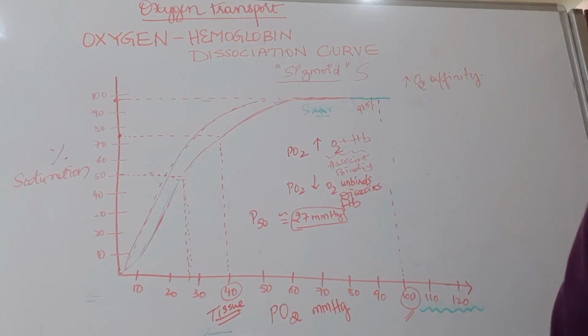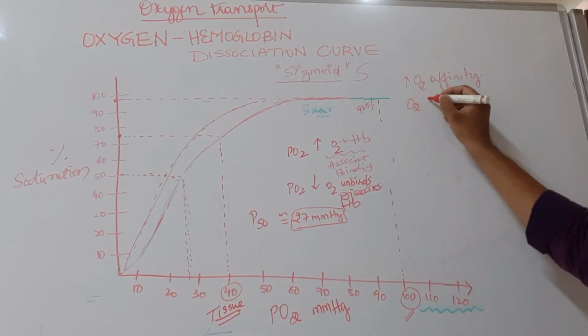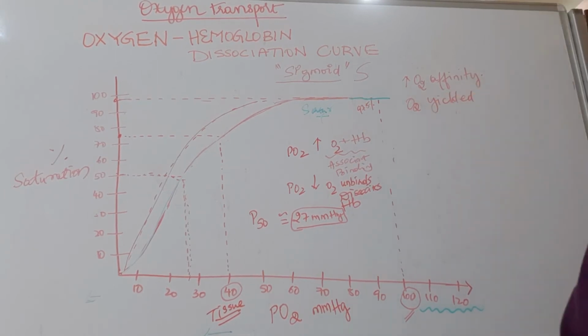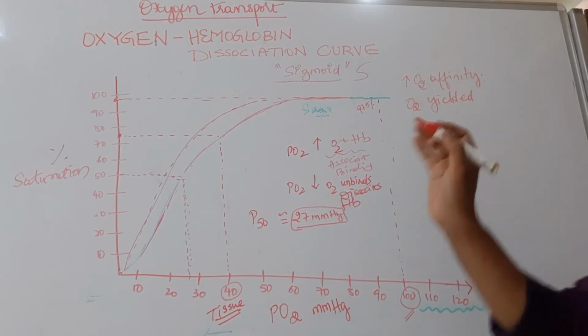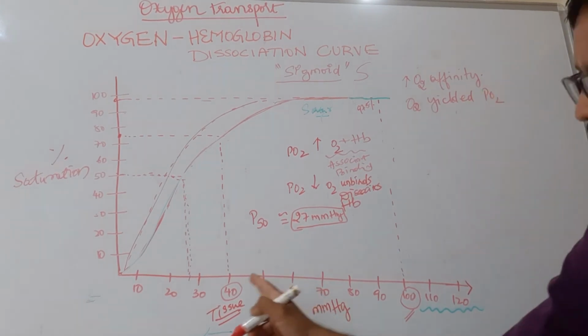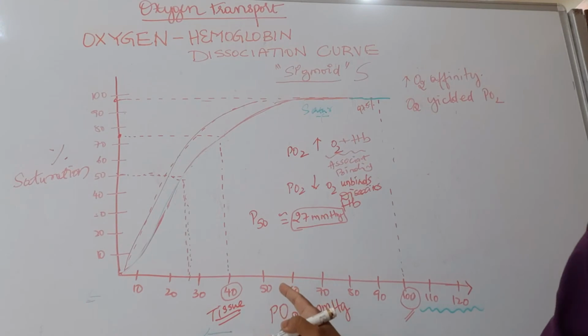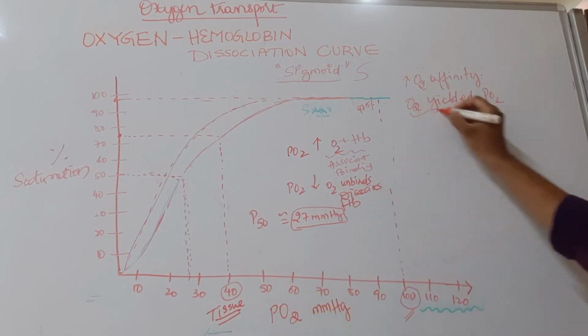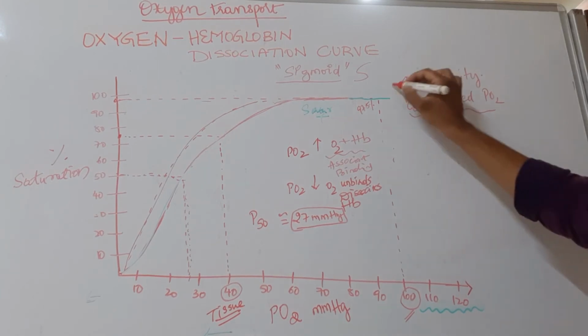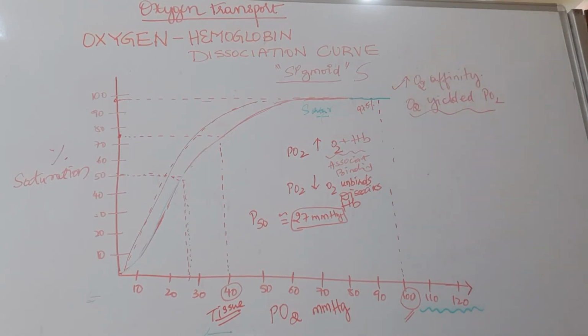That is, less oxygen is yielded for each reduction in partial pressure of oxygen. So, whenever the partial pressure is decreased, the oxygen yield is less, or in other terms, it increases the affinity of the oxygen to that of the hemoglobin molecule.